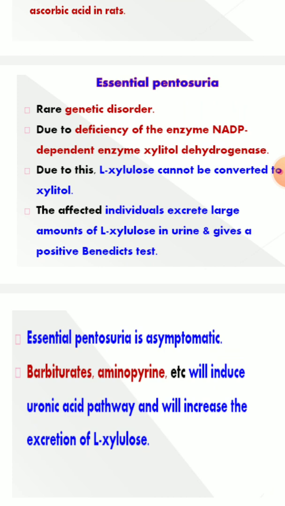Essential pentosuria is asymptomatic in nature. Barbiturates and aminopyrine induce the uronic acid pathway and also increase the excretion of L-xylulose.